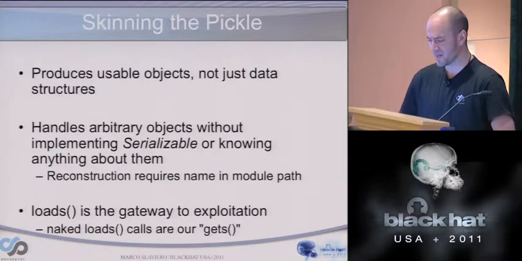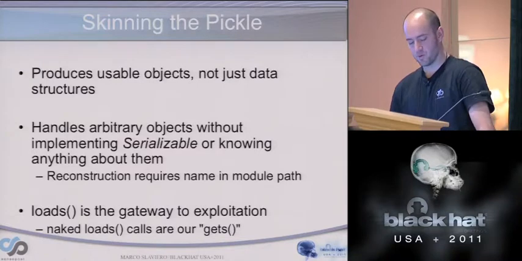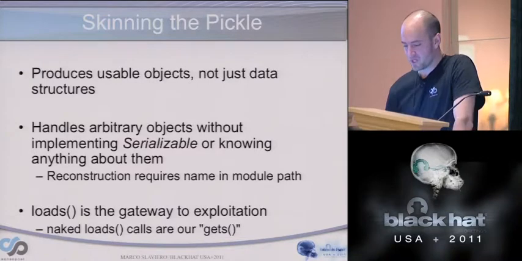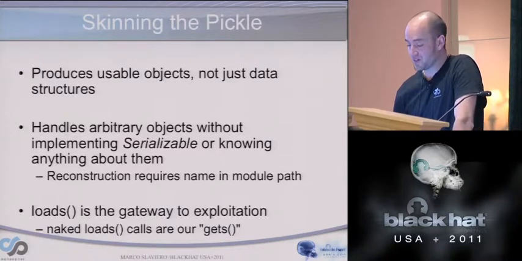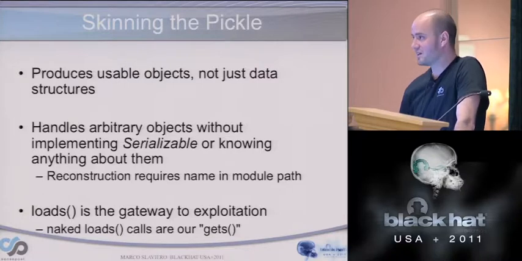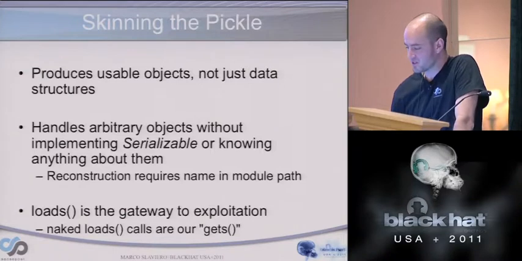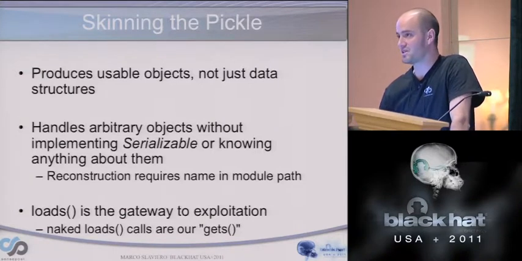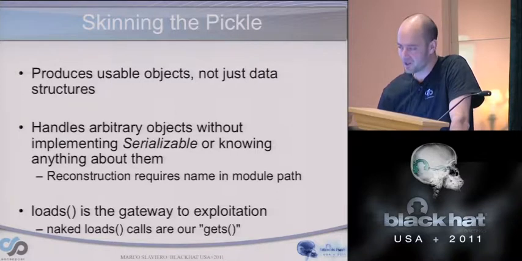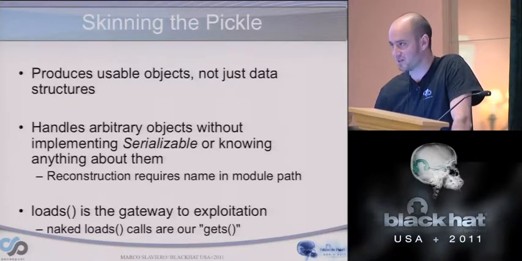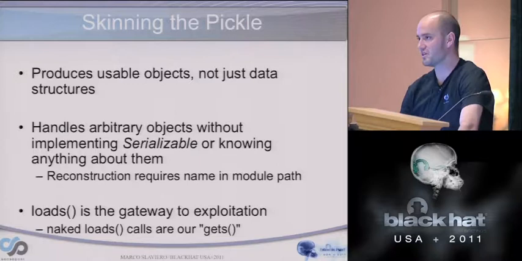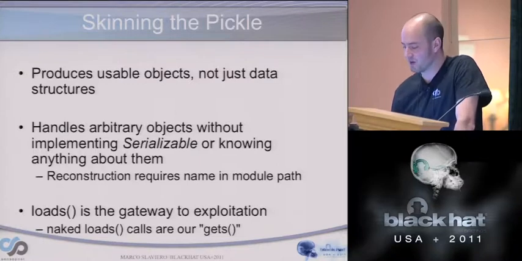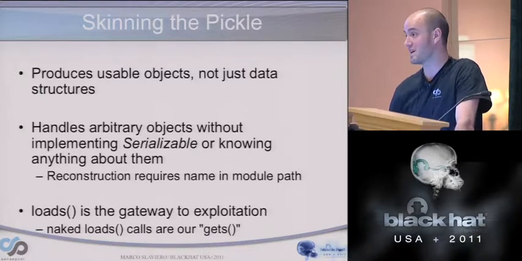So if we start to peel back the layers a bit, one of the reasons why one uses or relies on Pickle is because it's not just about carrying data structures. At the end of the day, you get usable objects, living objects. And Python is quite smart in this way because it is able to handle arbitrary objects. You can serialize any object, well, not any object. If you're a developer, you'll know that statement's not true. But you can serialize objects that the pickling module knows nothing about.